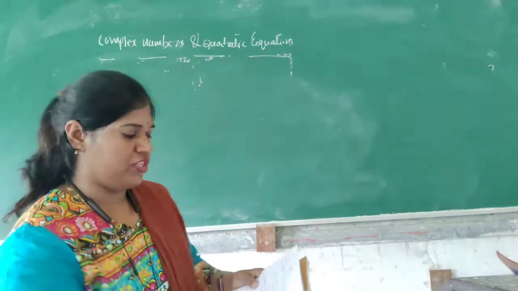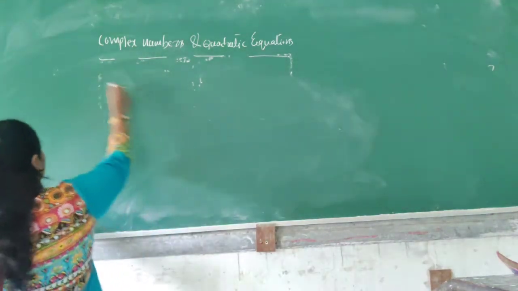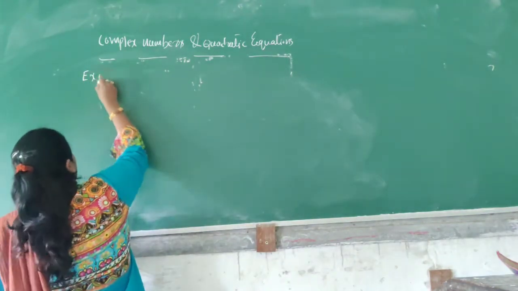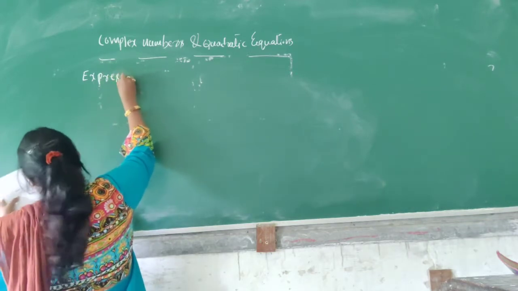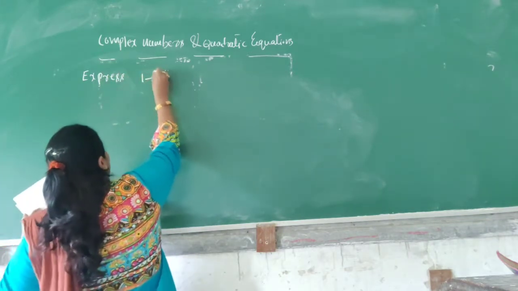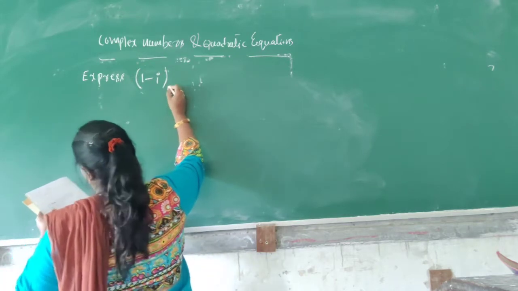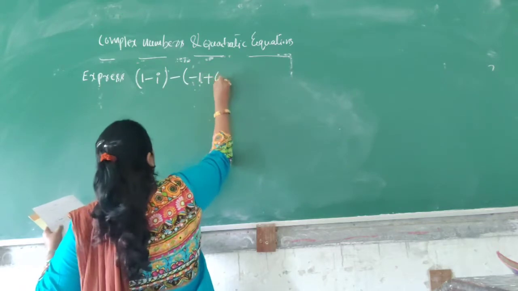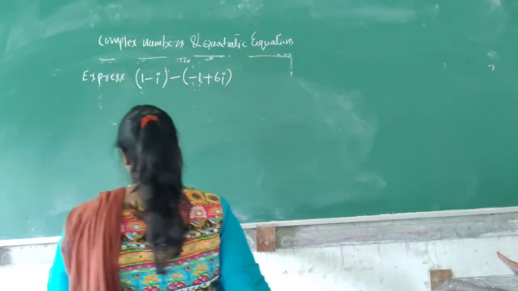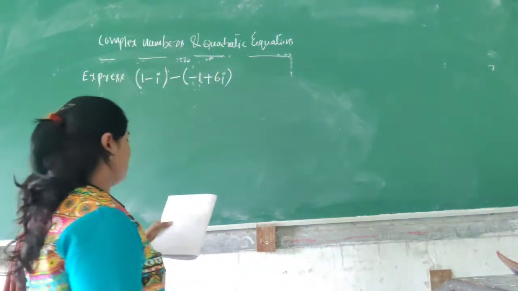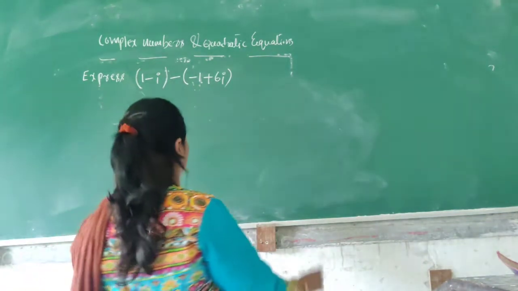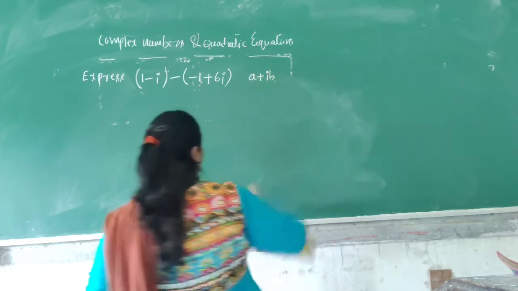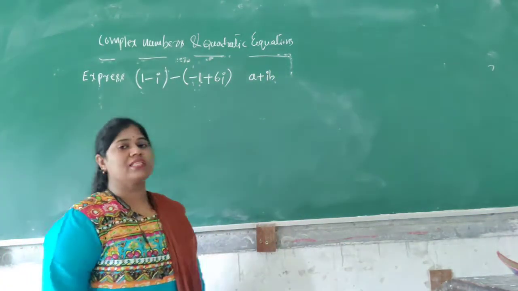Okay, the first one is to express (1 - i) - (-1 + 6i) in the form a + ib.